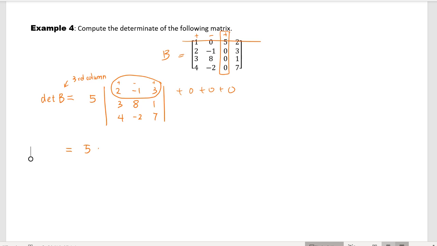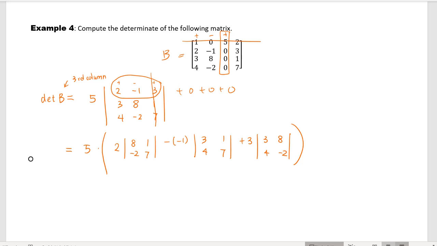So now we have positive 2 times the determinant of the submatrix 8, 1, -2, 7. And then minus negative 1 times the submatrix 3, 4, 1, 7. And then plus 3 times the submatrix 3, 8, 4, negative 2.